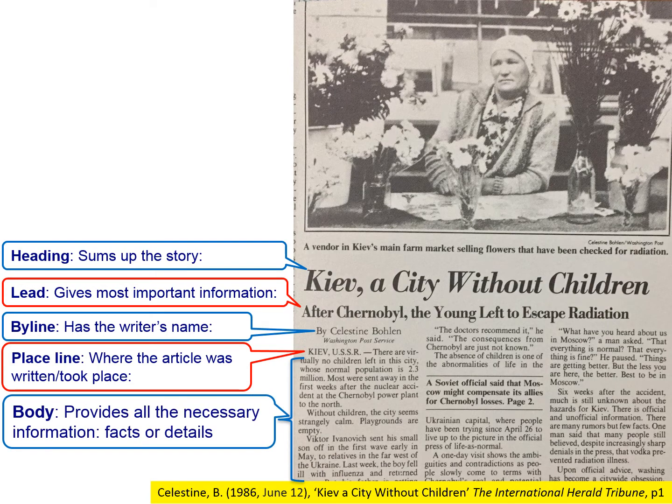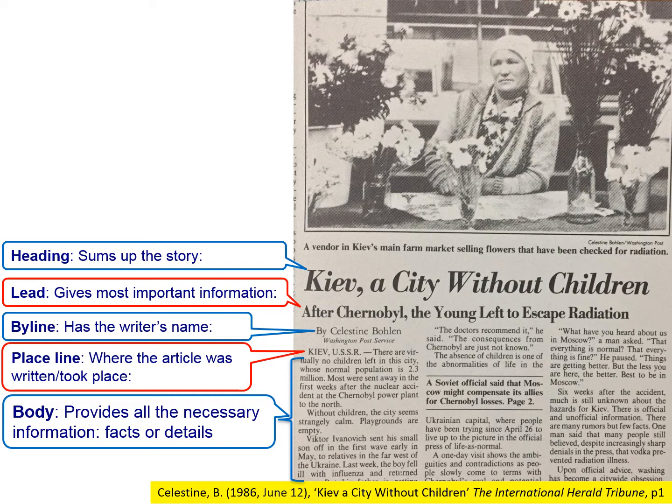Most important, the body, and the body provides all the necessary information, facts or details, and it is divided into small paragraphs. And it provides all the detailed, specific information about what, where, when something happened in simple, plain language. It also includes quotes from witnesses or bystanders to add accuracy and an at-the-scene feeling.